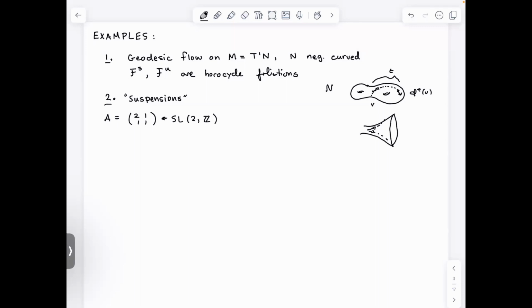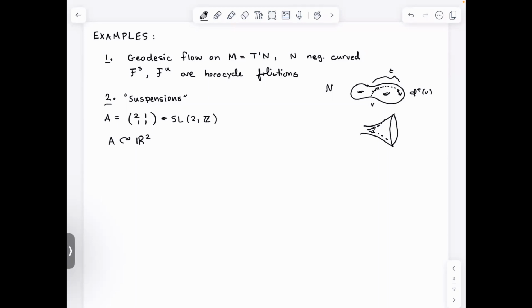Okay, that's my tool. My manifold is going to be the mapping torus of this map. Sorry, I haven't told you where this map is. Right now it's just a linear map on R2, right? This acts on R2, but because I put it in SL(2, Z), it preserves the integer points.